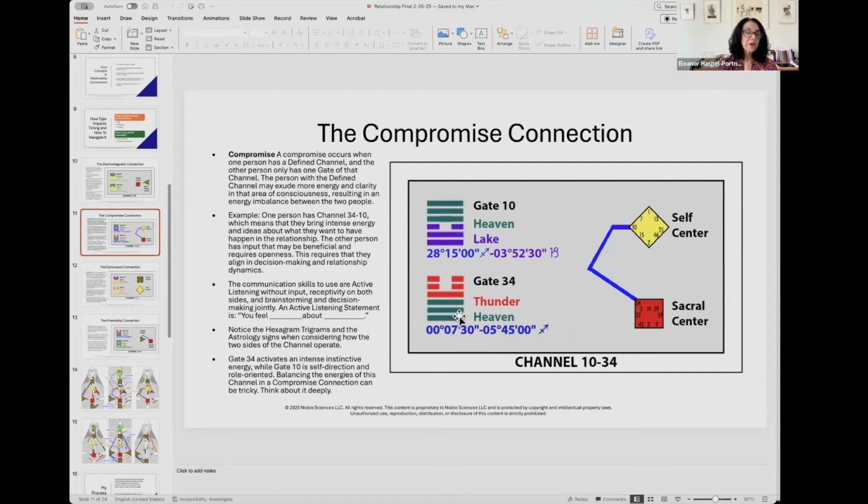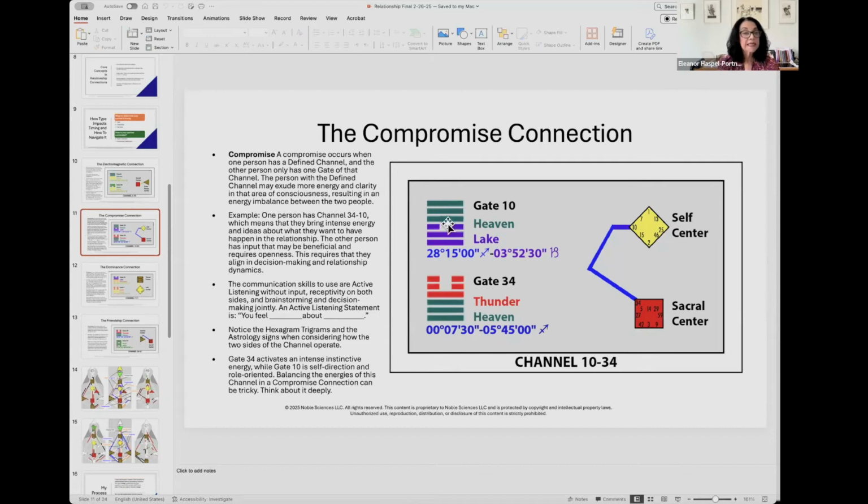So it's heaven on the bottom and thunder on the top. That means, if you think about it, that that person is going to ground themselves in something that they know is right for them. And then they're going to open themselves up to their in the moment experience.